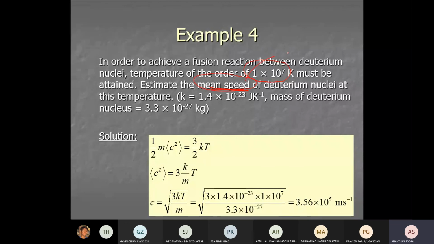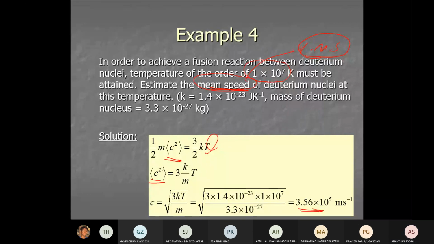Mean speed, as I say, is like the RMS value, root mean square speed. We can say it's the same. So 1/2 mc squared equals 3/2 kT. We find the mean square speed first, then square root it, and you get the root mean square speed. So this is the root mean square speed, 3.56 times 10⁵. Temperature is enough to find the mean square speed. Square root it, and you get the root mean square speed.